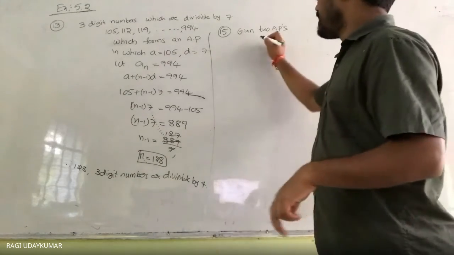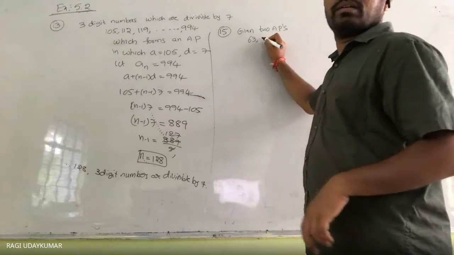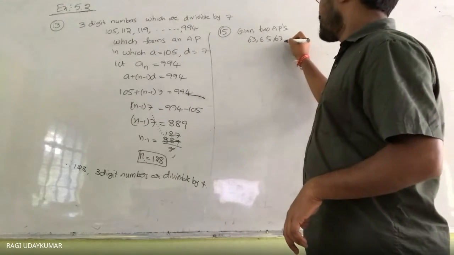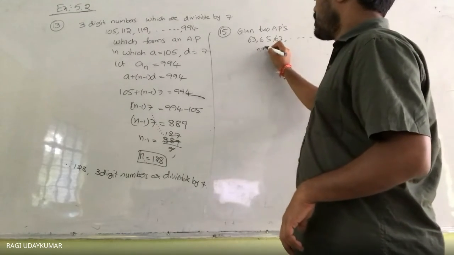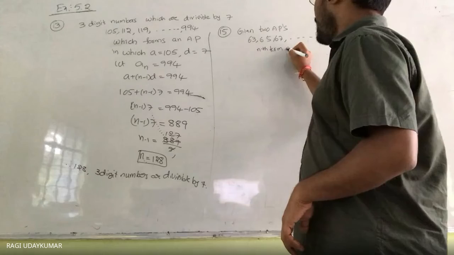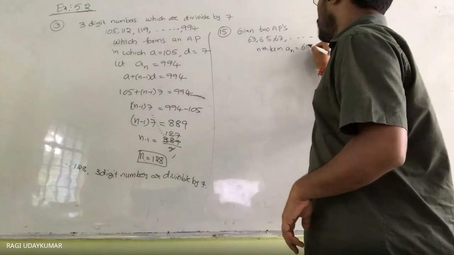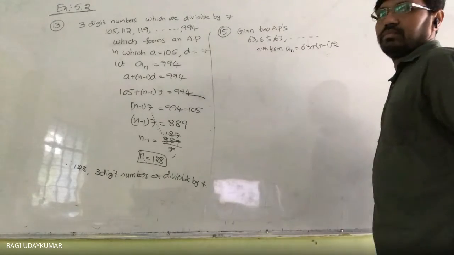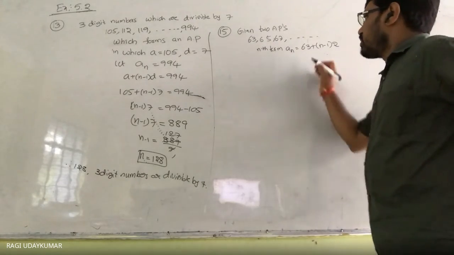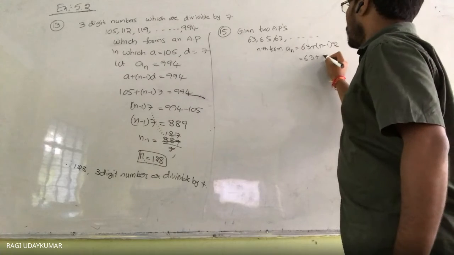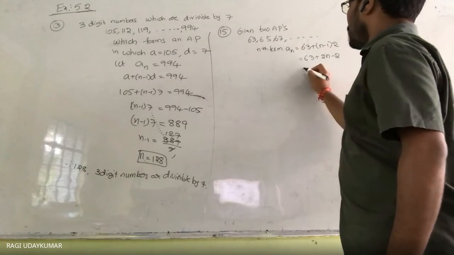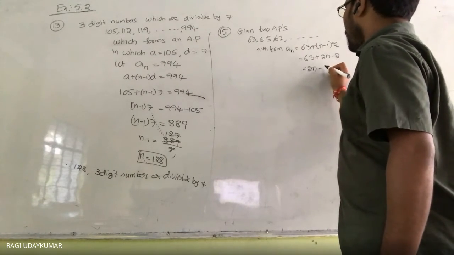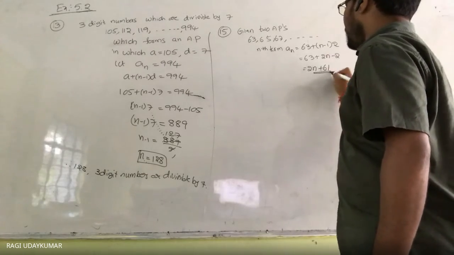One is 63, 65, 67. The nth term in this: an is equal to 63 plus (n minus 1) times 2. So 63 plus 2n minus 2, which equals 2n plus 61.